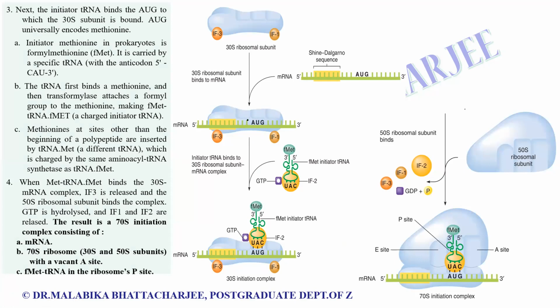The AUG is for methionine, so once the start codon has been recognized, the initiator tRNA containing methionine is brought into this portion and recognizes the AUG. This is where we start our polypeptide synthesis, and the Shine-Dalgarno sequence upstream of the start codon is necessary for the 30S subunit to bind the mRNA and thus recognize the start codon.